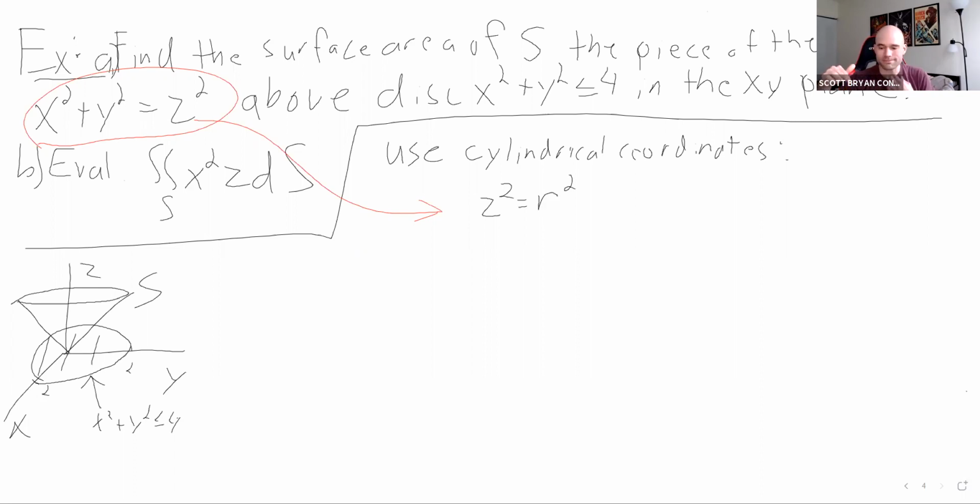So z would be equal to plus or minus r, but we're only looking at the top half where z is positive. So we just get the equation of this guy is just z is equal to r.